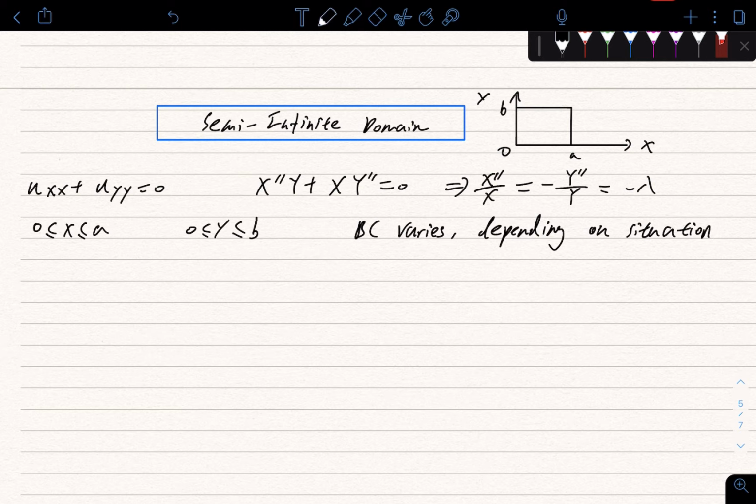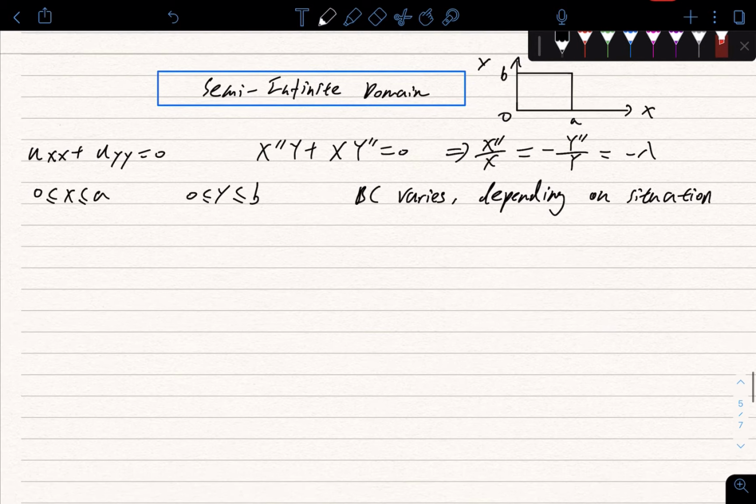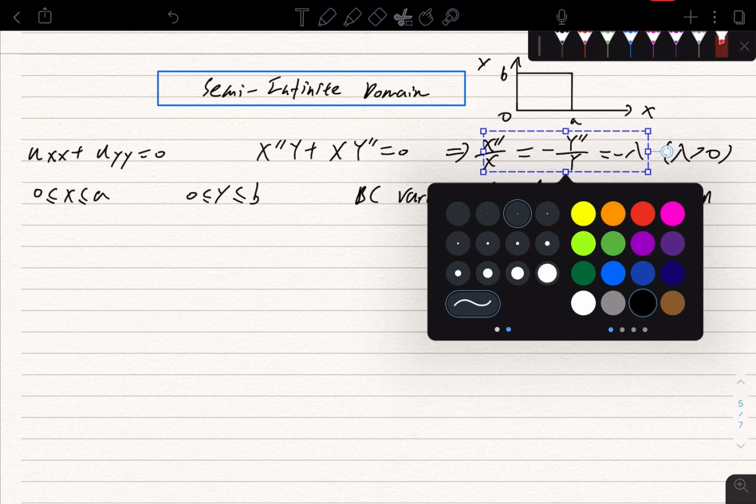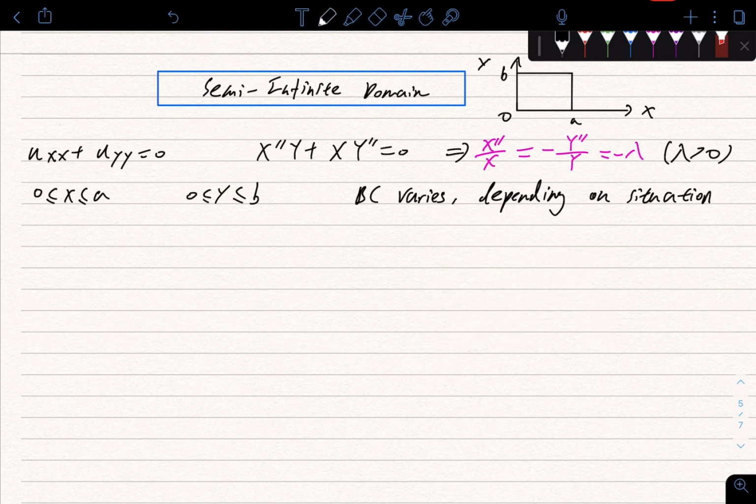But that doesn't stop us from doing what we have been doing, and that is solving these two differential equations. Oh, by the way, lambda is greater than 0. All right, let's go ahead and solve these two.